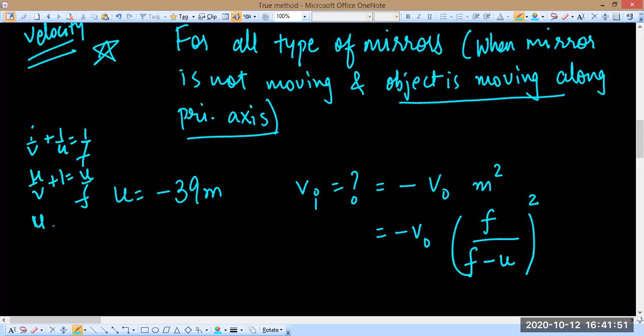So u by v equal to બરાબર બરાબર બરાબર, સાચું સાચું.